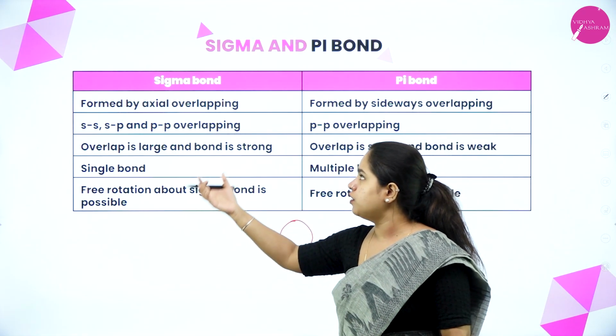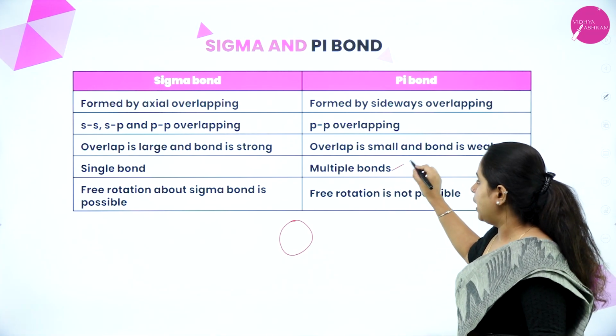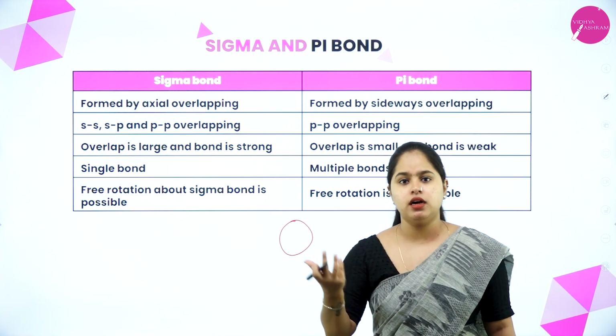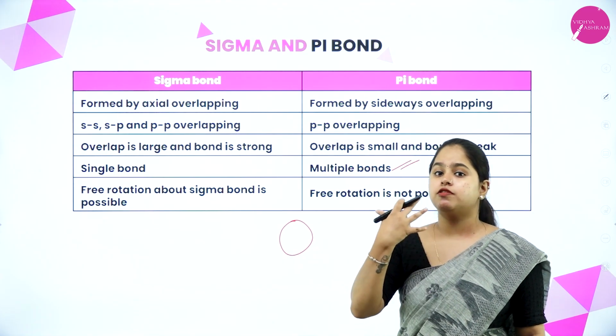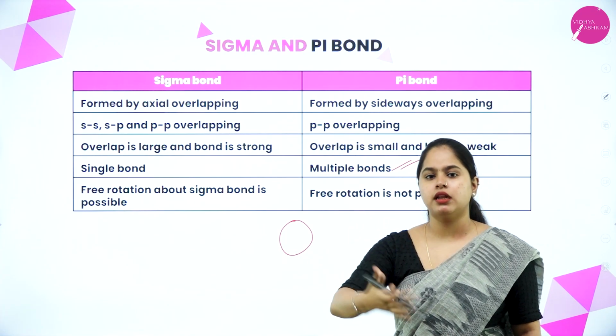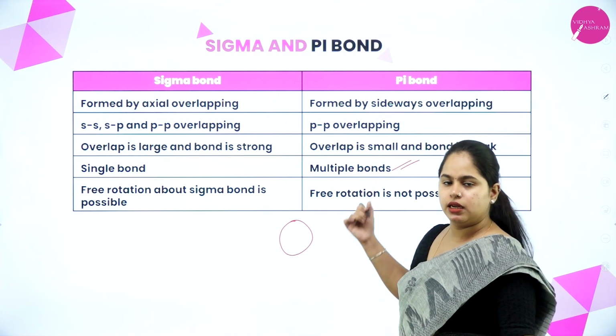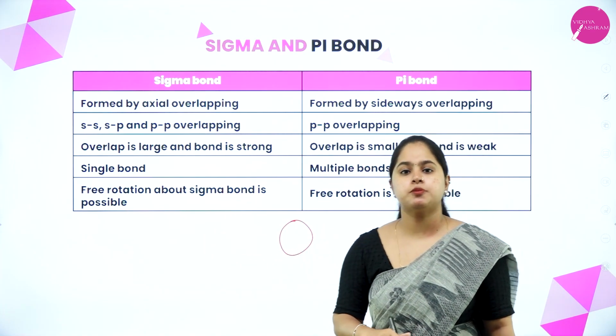Now, in the case of sigma bond, it is always a single bond, right? And pi bonds are the ones which form multiple bonds. So wherever you see multiple bonds, there will be a single bond and then the additional bonds will be present, right? So the pi bonds will be present in the multiple bonds. And free rotation about sigma bond is possible.